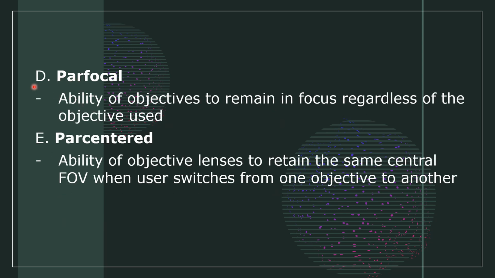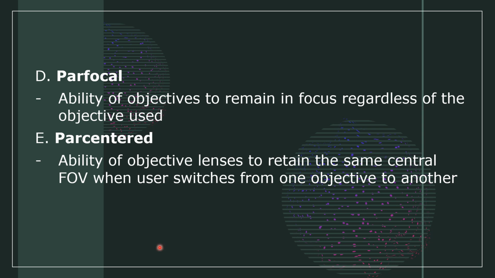Okay, parfocal. When you say parfocal, that is the ability of the objectives to remain in focus regardless of the objective that is being used. Let's say, for example, you are using the yellow band to view an object and you got the crisp detail.